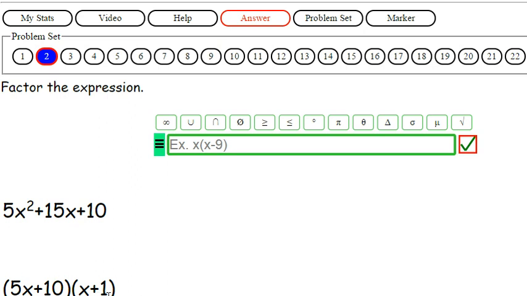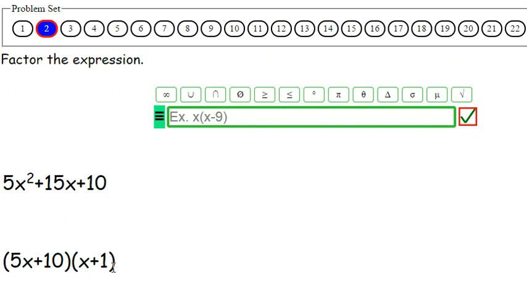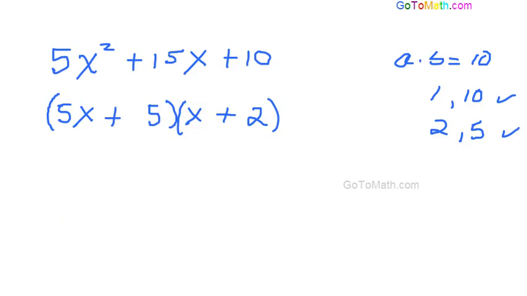Let's see. Now that I think about it, 5 plus 10 is 15, and 10 times 1 is 10. Did I do this right? 5 times 2 is 10 plus 5 is 15.